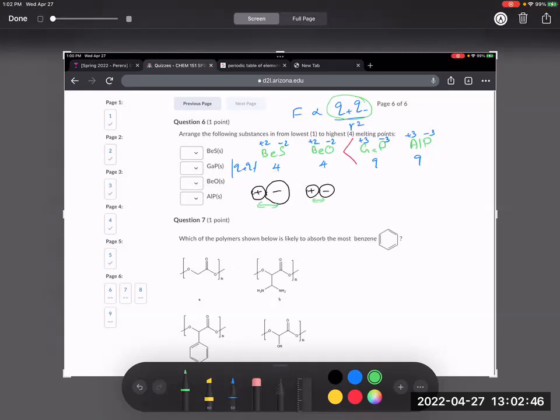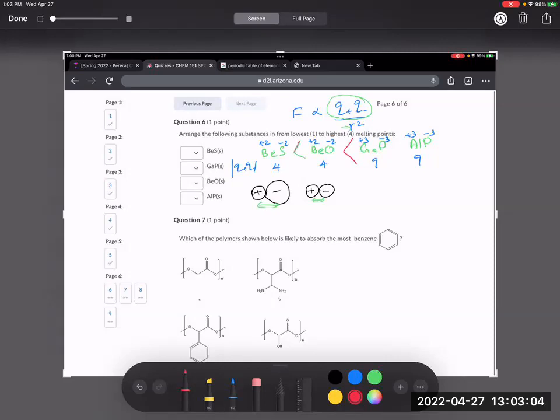Because the distance between the ions is greater in beryllium sulfide, the ionic force must be weaker. That depends on this R value, or the distance between the ions. So beryllium sulfide should have the weakest ionic force.